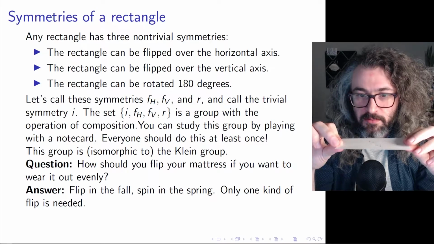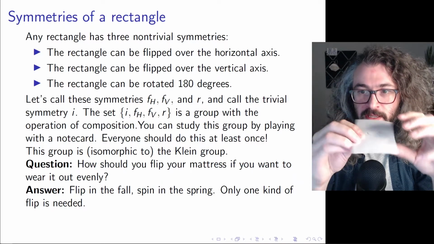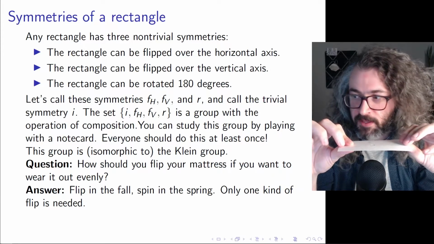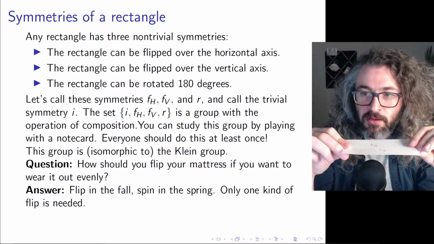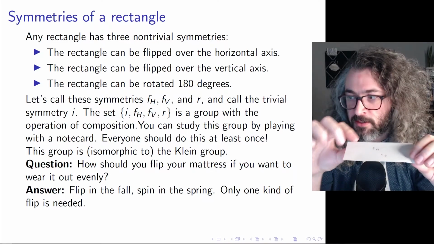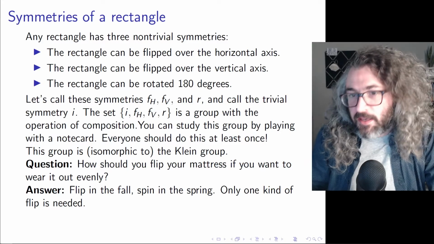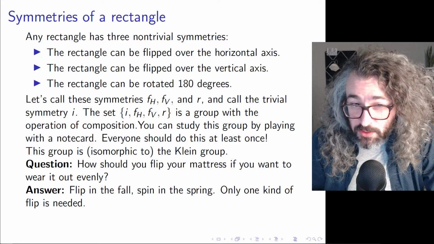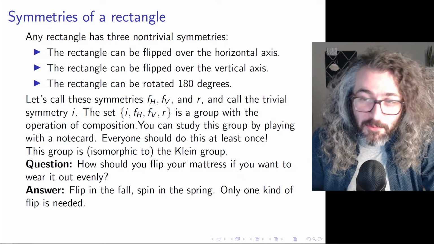You can do the horizontal flip in the fall and then the 180 spin in the spring. Next time fall comes around, do the same horizontal flip. Then next time spring comes around, do the 180 rotation. And if you do that, you will hit all possible orientations of your mattress.